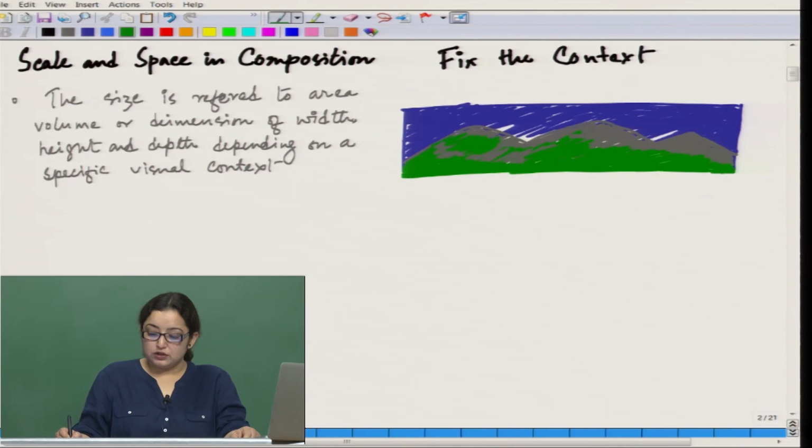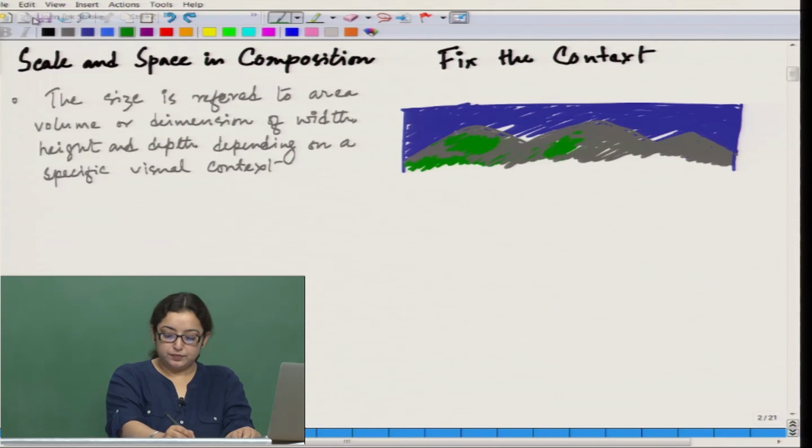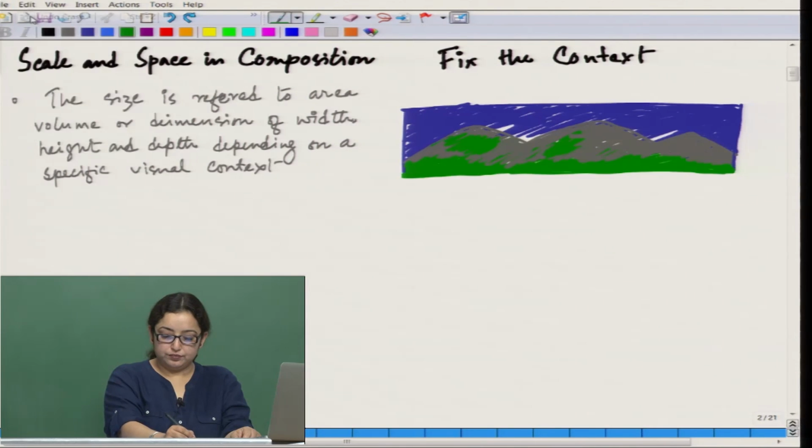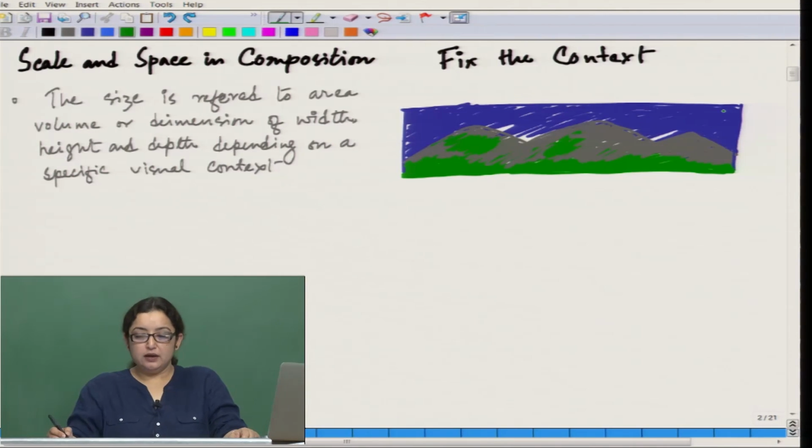So, the forest or the jungle will be at the foreground, the mountain at the middle ground, and the blue sky at the background.